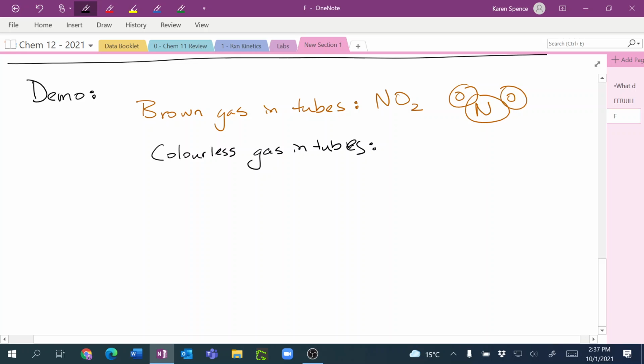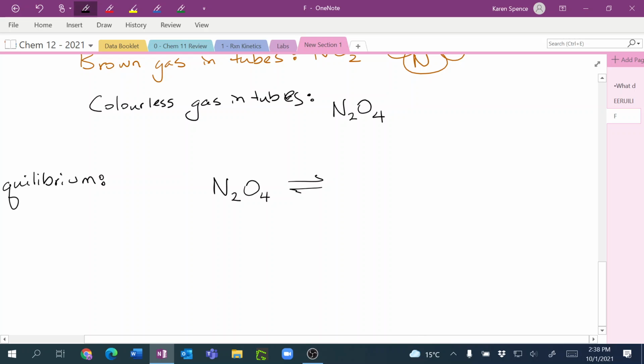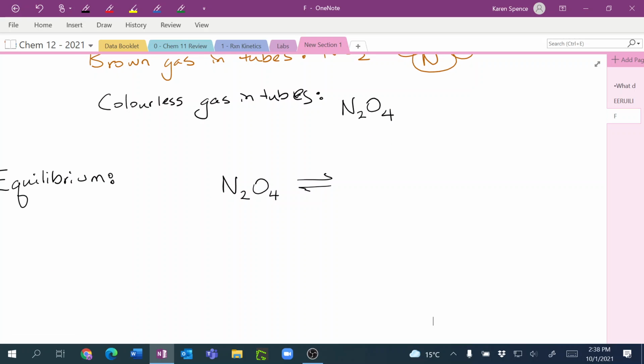And the colorless gas in the tubes is N2O4. So what we have is an equilibrium: N2O4 in equilibrium with, whoa, sorry about that, 2, okay, it's not liking my glove.